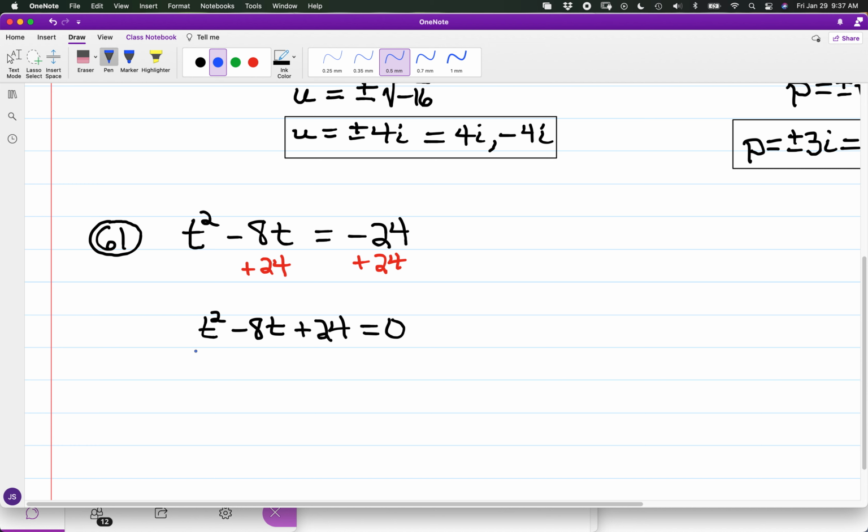So for t squared, we are referencing 1t squared, so a is equal to 1. With the subtraction of 8t, b is equal to negative 8. And with 24 added, c is equal to 24.